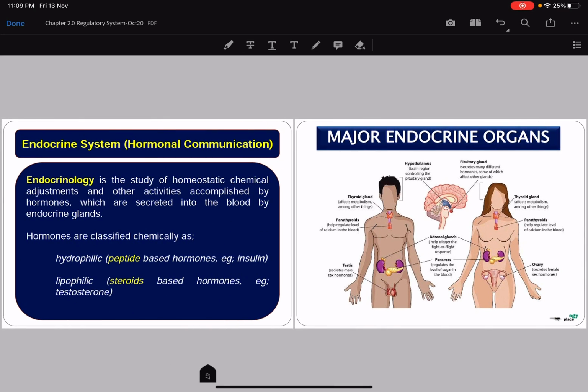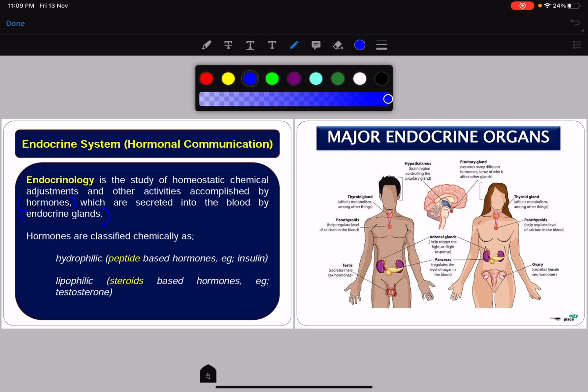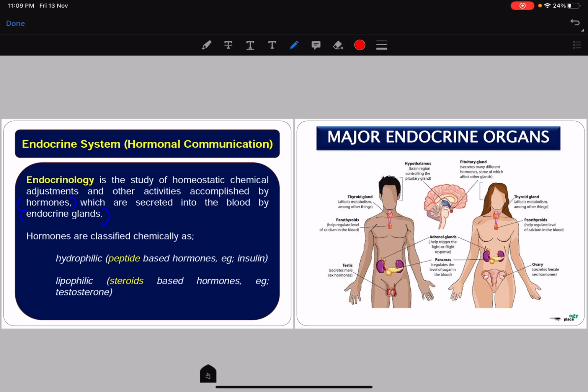So this slide here is just elaboration. Endocrinology is the study of homeostatic chemical adjustment and other activities accomplished by the hormones. The keyword here is hormones, which are secreted by the endocrine glands. Hormones can be classified again. We encounter this wording back here, hydrophilic and hydrophobic.